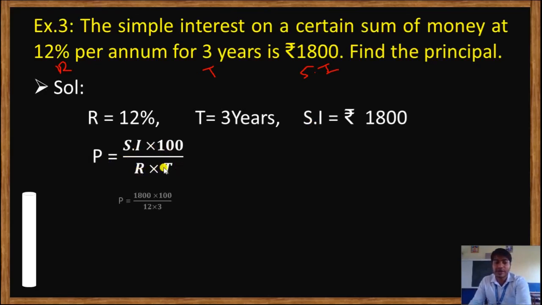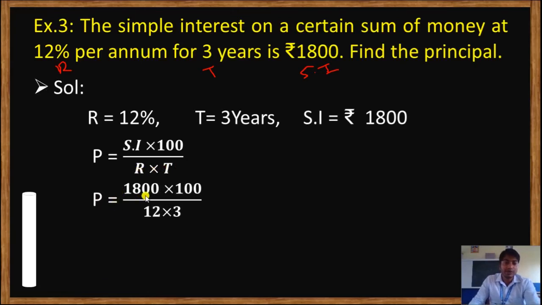Now use the values. So P equals 1800, the simple interest, into 100, by rate 12% and time 3. Now reduce the terms. 3 ones are 3, 3 sixes are 18, and 2 zeros.